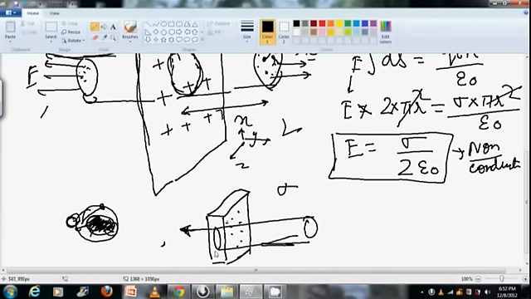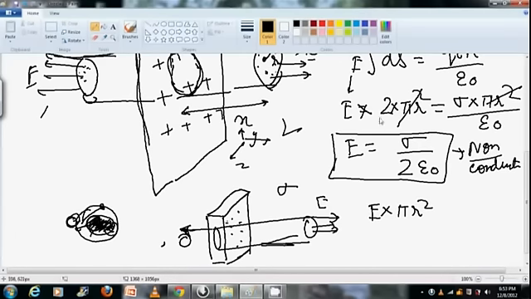So flux through this face is 0, and only through this surface there is an electric field. So if I apply E times the integral of dS, instead of 2 pi r square, because the electric field was going through two surfaces earlier, here only one surface has field, so it will be just pi r square.